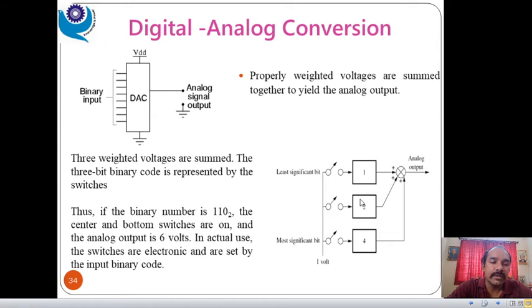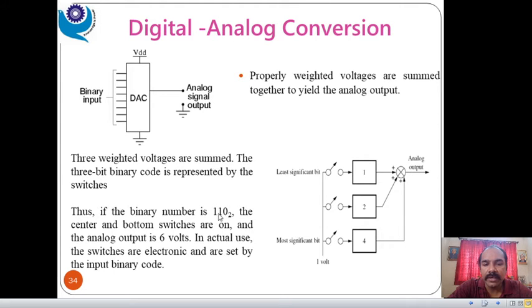So whatever the blocks are there, total 3 blocks and 3 switches are there, and to these switches we give binary inputs, that is in 1 0 0 format. According to the data, these switches are operated. For 1 it is closed and for 0 it is open. According to the position of the switch, voltage is generated at this point, right?